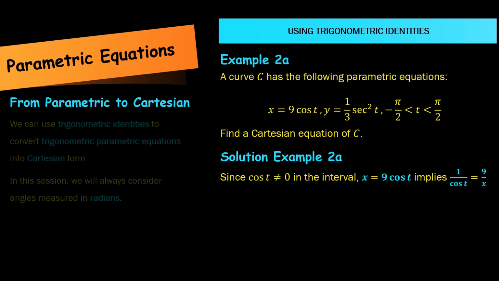Now since cos t does not equal 0, we can divide our equation by cos t. So x equals 9 cos t implies 1 over cos t equals 9 over x, as shown. We also know that 1 over cos squared t equals sec squared t, which is equal to 9 over x all squared, as shown.